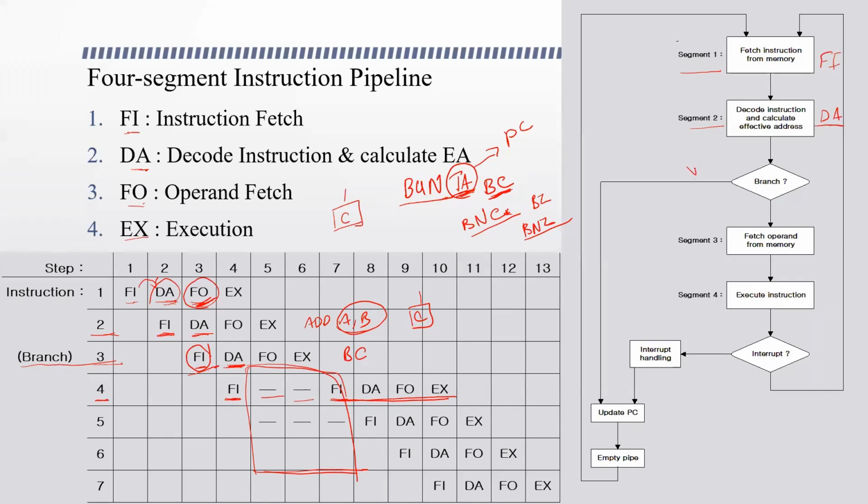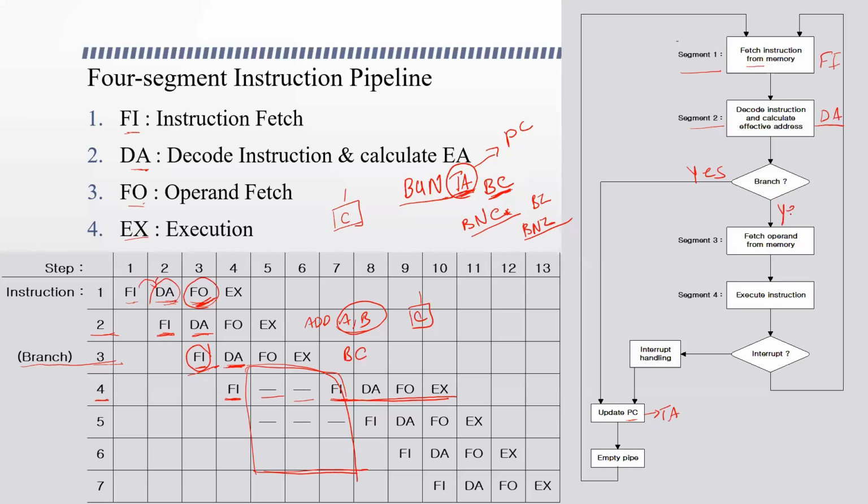If it is a branch type instruction, the program counter needs to be updated, because the next instruction will be the target instruction, the instruction at the target address location. So update PC with the target address, and then empty the pipe, because the next instruction will not be executed. To stop the execution of the next instruction, empty the pipe and go to fetch the instruction. So that repeats: fetch the next instruction, decode, and execute.